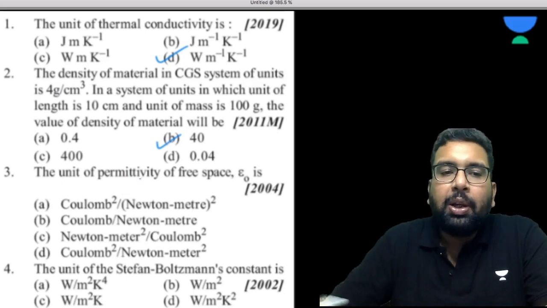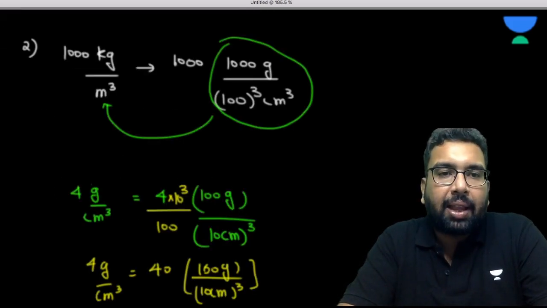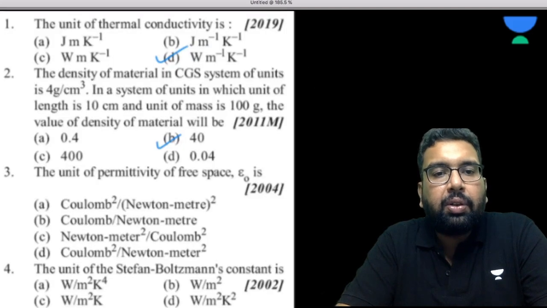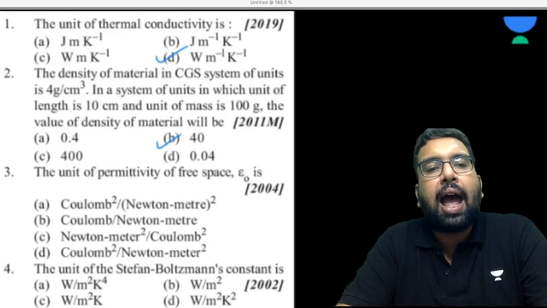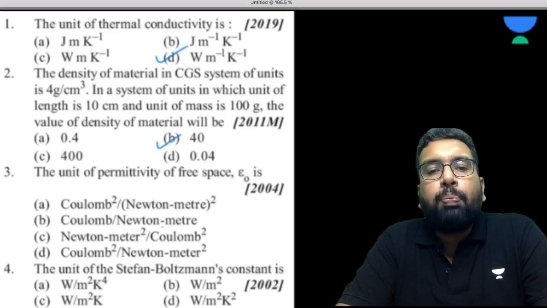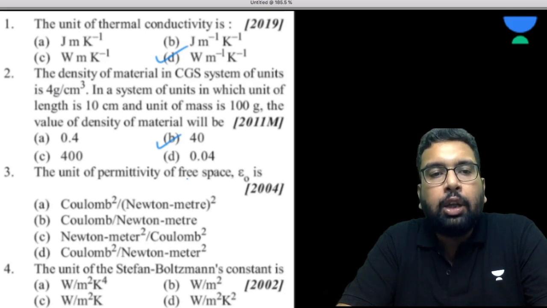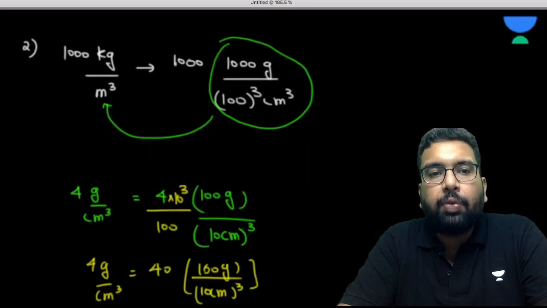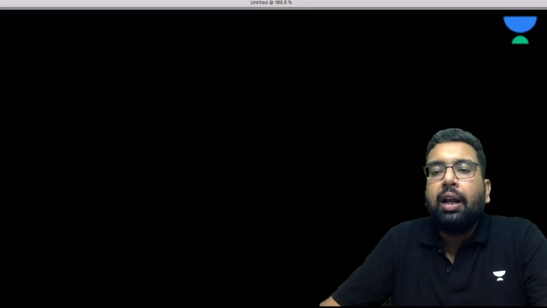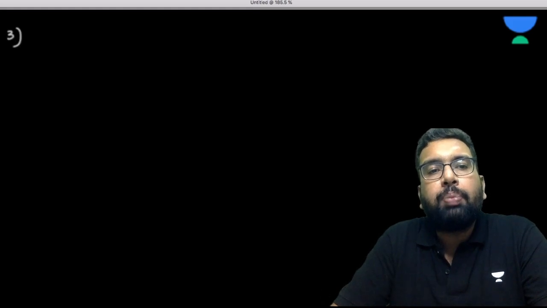Now let's come to question number 3. Let's read this question. The question says: the unit of permittivity of free space is, so what is going to be the unit of this permittivity? For that we require the formula of this permittivity.